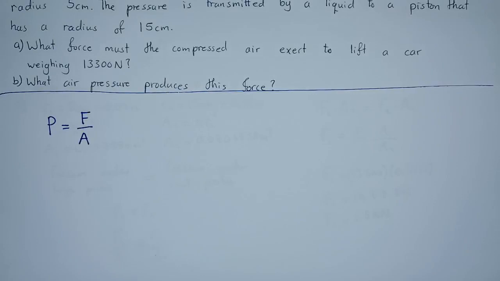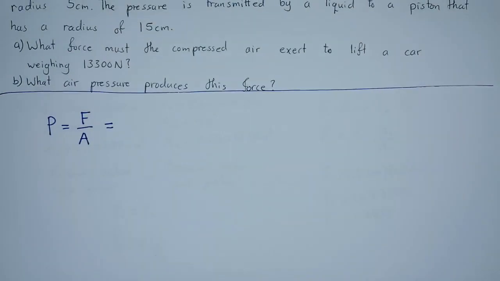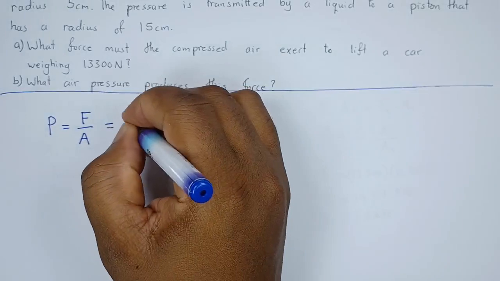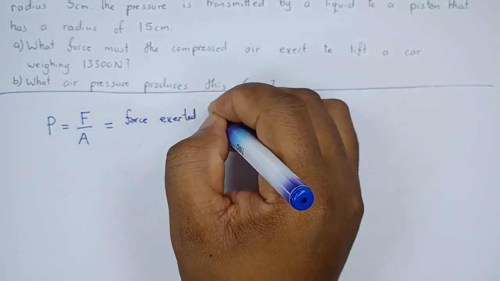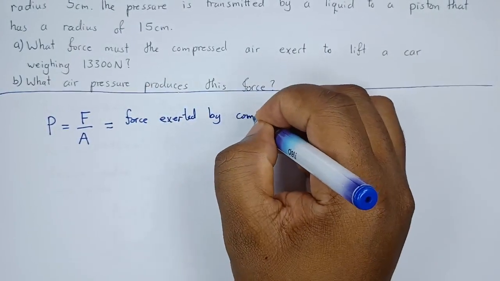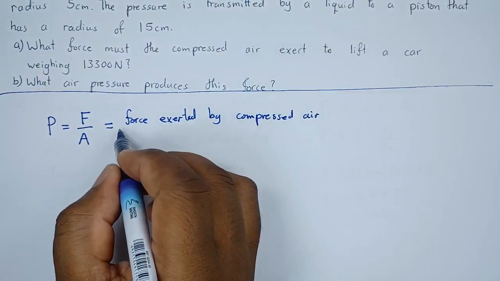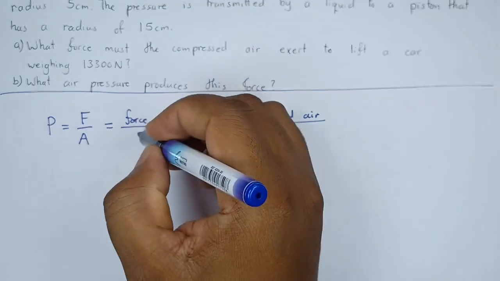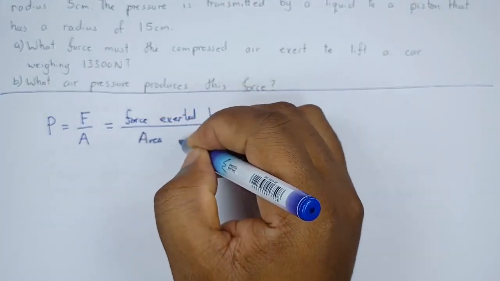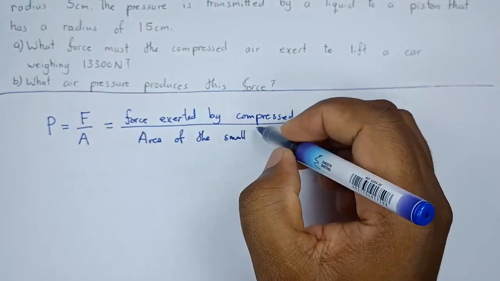So the force we'll be using here is the force exerted by the compressed air, divided by the area of the small piston.